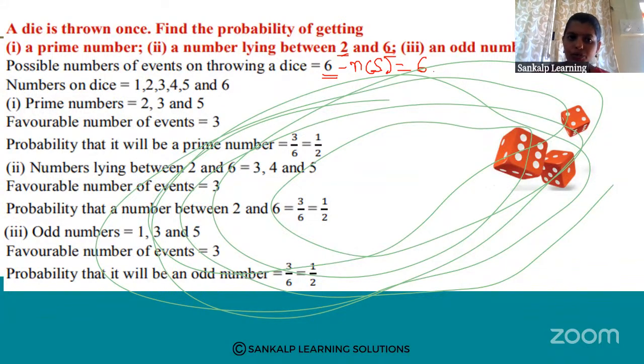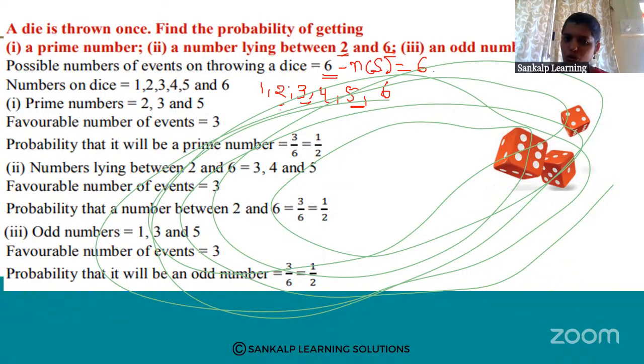Next, the first one is getting a prime number. See, observe here, 1, 2, 3, 4, 5 and 6 are there. Which numbers here are prime numbers? 2, 3 and 5, right? 1 is not a prime number.